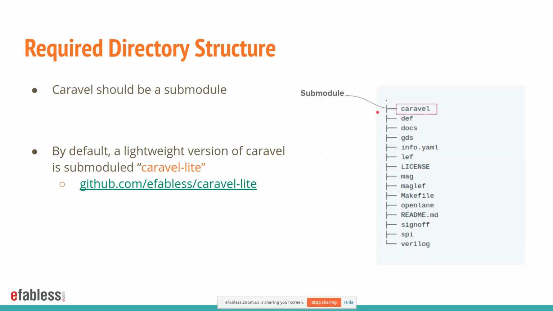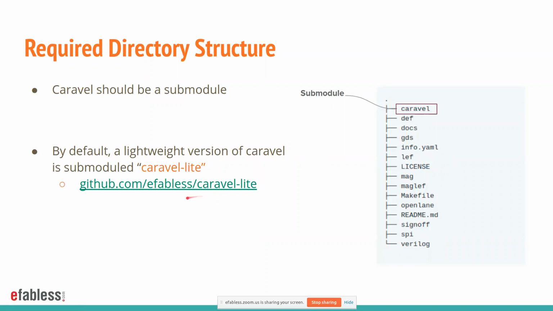And because we know that the Caravel repo size is huge and it might be cumbersome for some users to clone the whole repo, we provide a lightweight version of Caravel called Caravel Lite. And it is another repo. It is basically a mirror for the main Caravel repo, but without the large files like the full layout of Caravel.